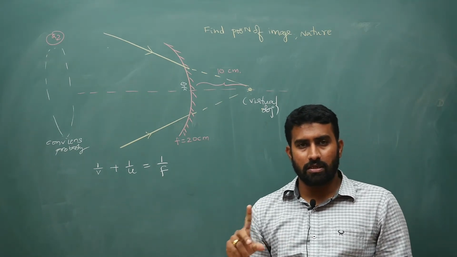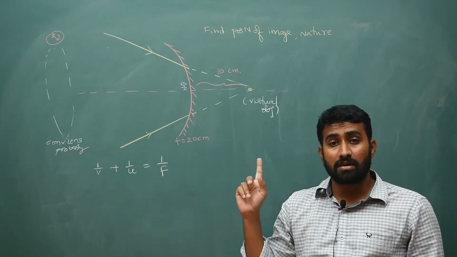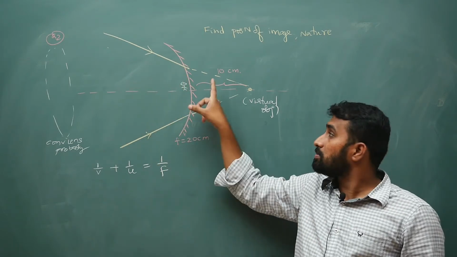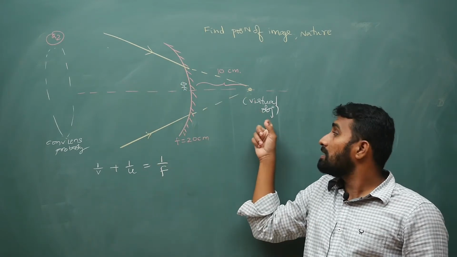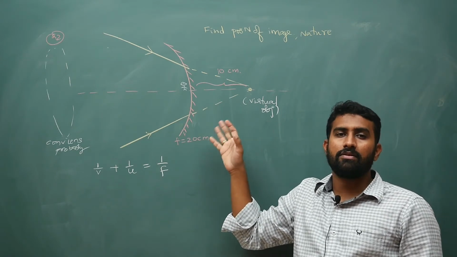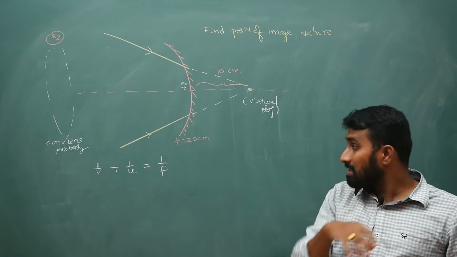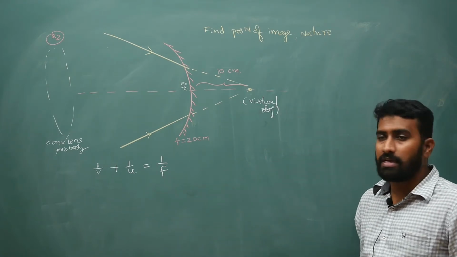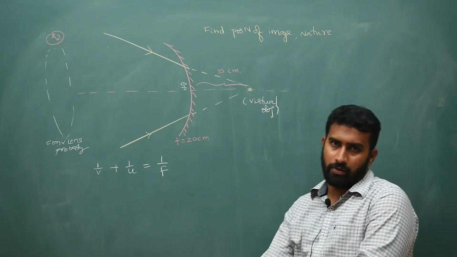I told you previously also, in a virtual object your object appears to be here. So these rays, if this mirror was not there, would meet at this point, but in between you have the mirror. So the mirror will obviously do reflection, and the image will form at a different point.